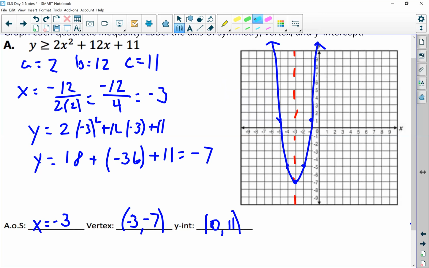Above, which in this case means inside the parabola. All right. Yes, next page.